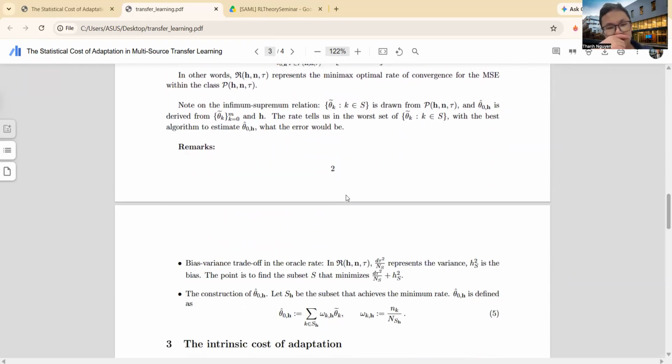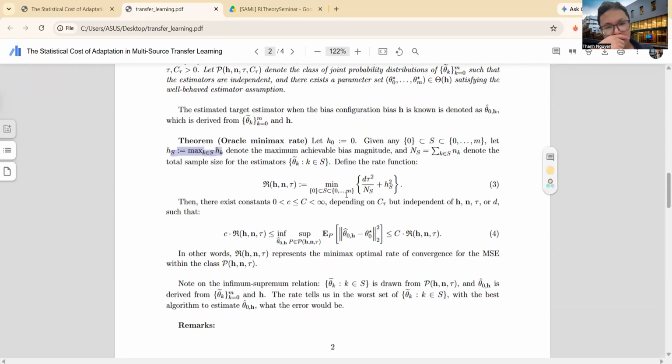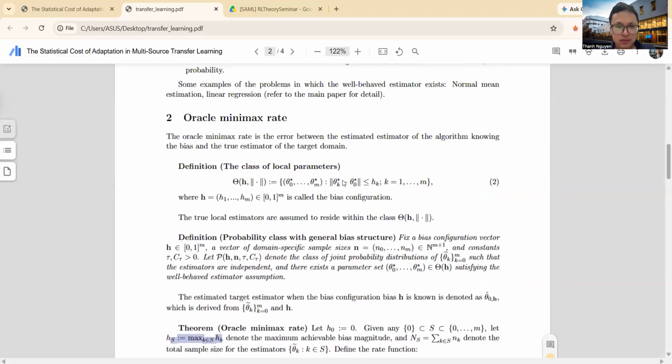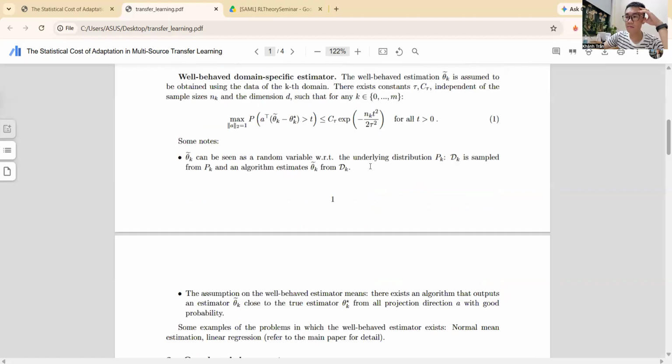So is this here the linear model? The linear for estimating what? For the observation. So you have theta and then you observe X and Y, right? Or Z? Yes.